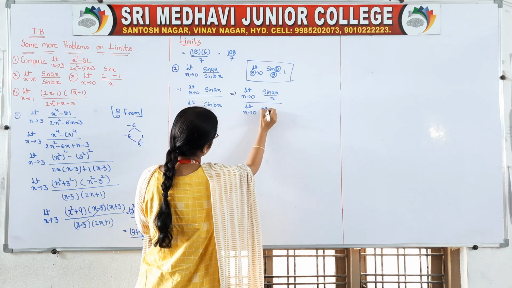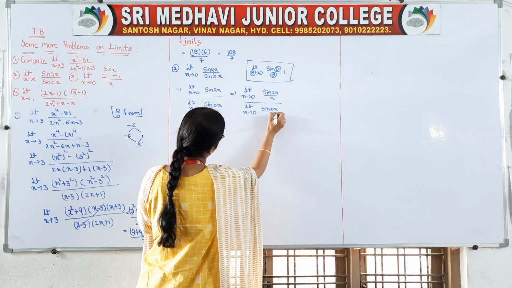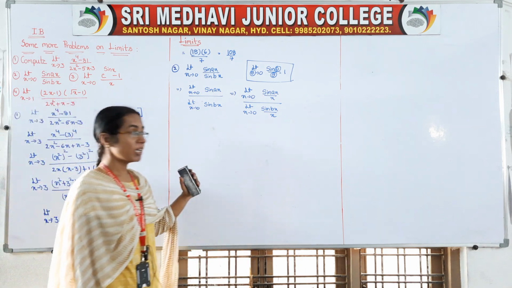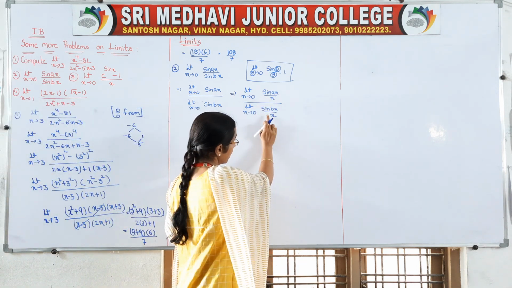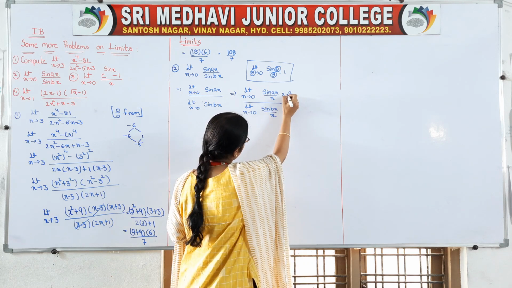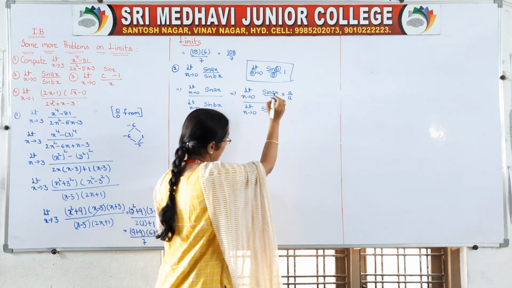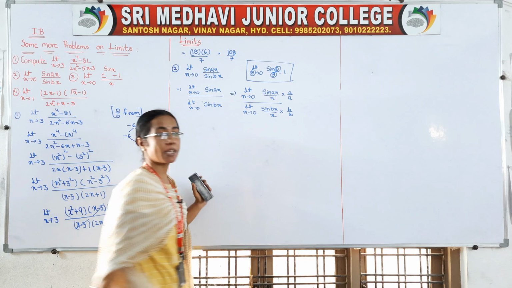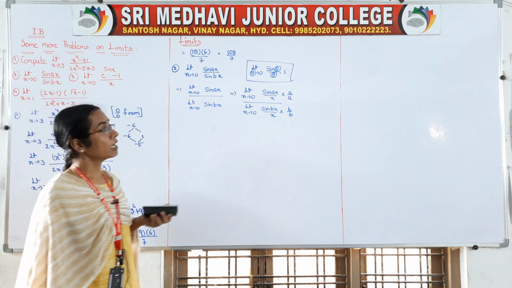So it is sin bx by x. Now if you observe, in the numerator it should be ax, and in the denominator it should be bx. So we multiply and divide the numerator with a, and multiply and divide the denominator with b.